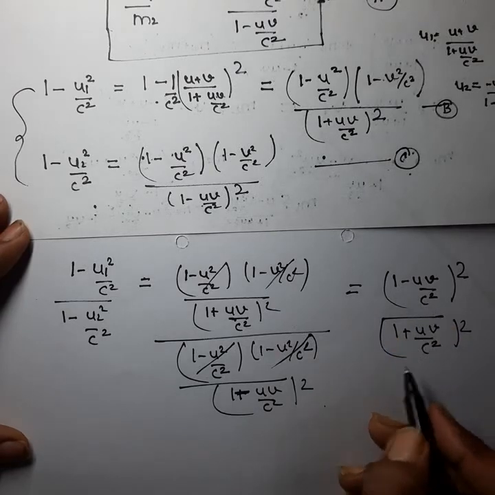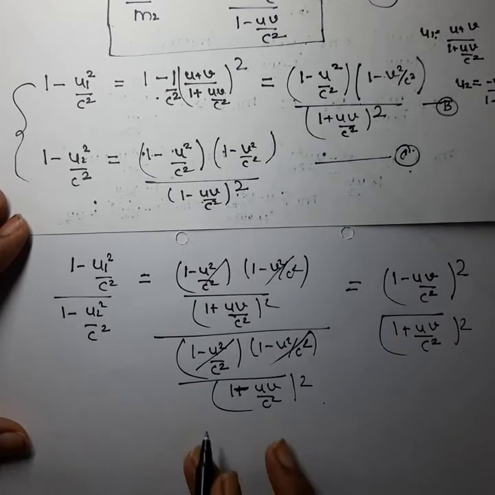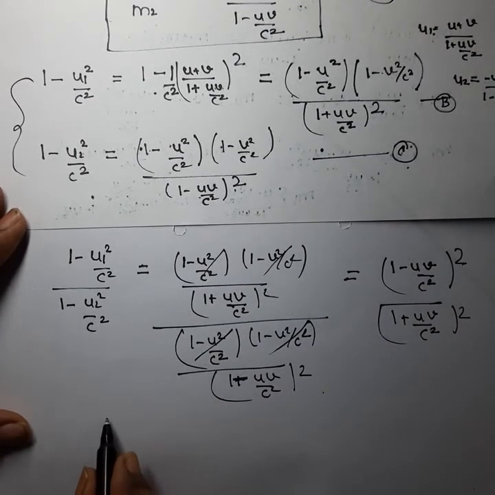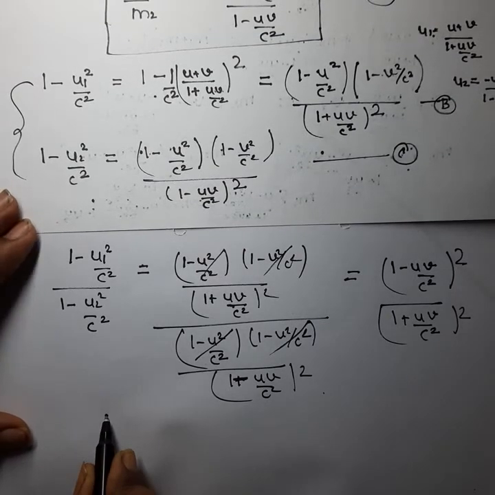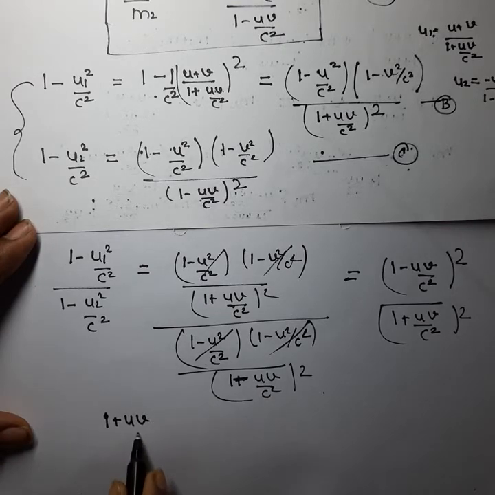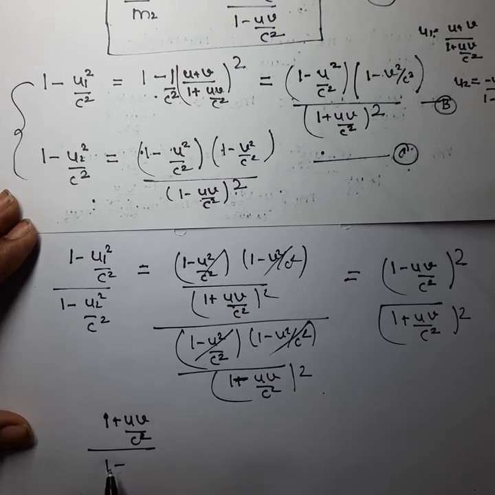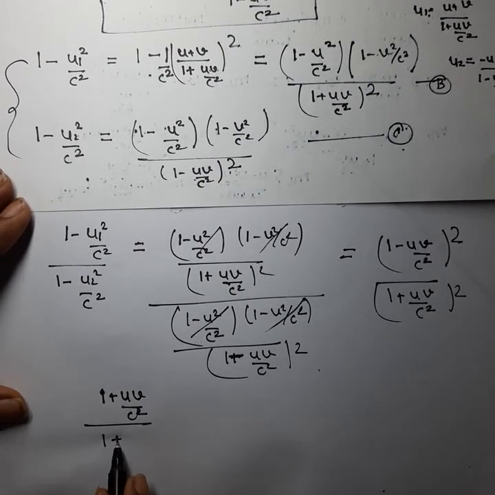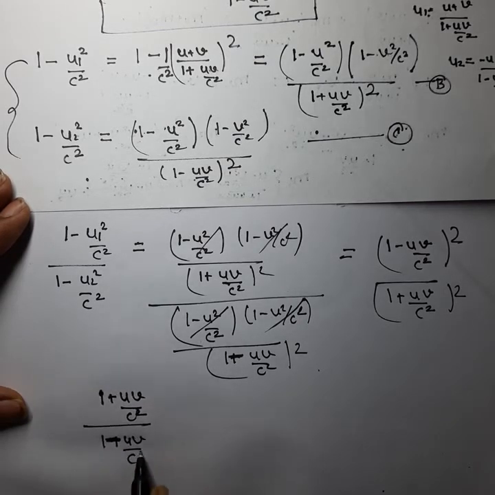From here you can write the expression for m1 and m2. Now first write it as 1 plus uv by c square divided by 1 minus uv by c square.